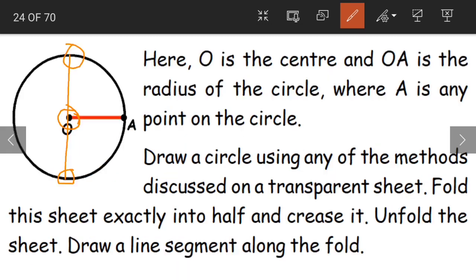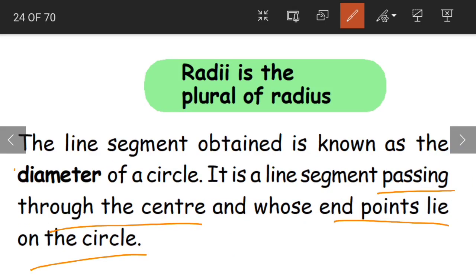So when we have any such line segment, what conditions should be satisfied, children? It should pass through the center, and both the endpoints should lie on the circle. Such a line segment is called the diameter of the circle.